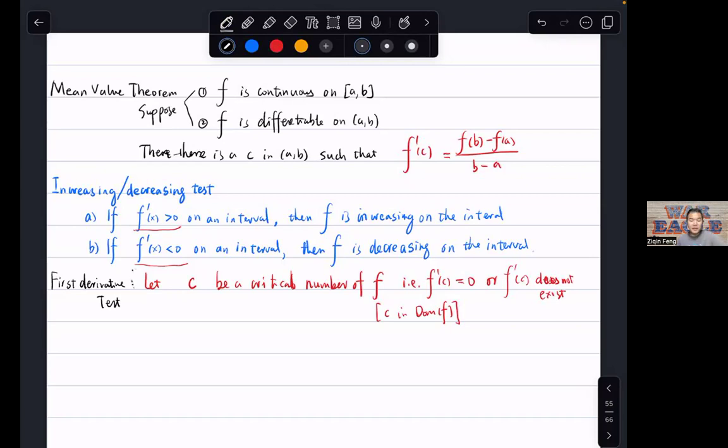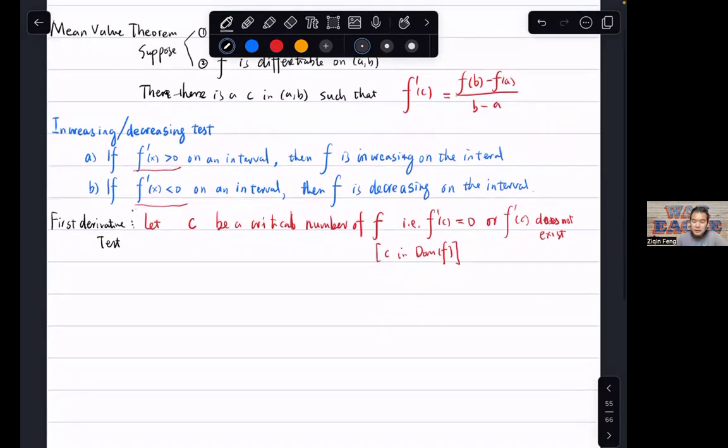The assumption is you are given a critical number and you want to decide whether f of this number is a local maximum or local minimum. This is a very natural result due to a very intuitive observation.